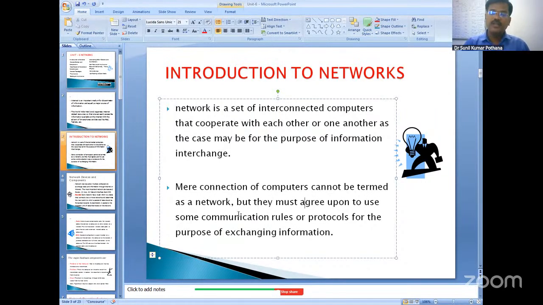A network we can also define as a group of computers, printers, and other devices that are connected with cables to enable data to travel over these cables so that users can exchange documents and data with each other.